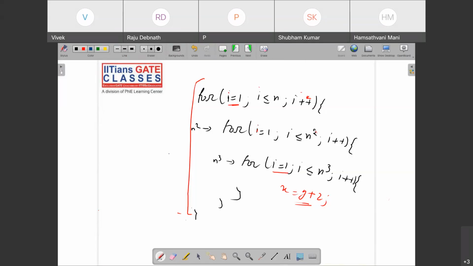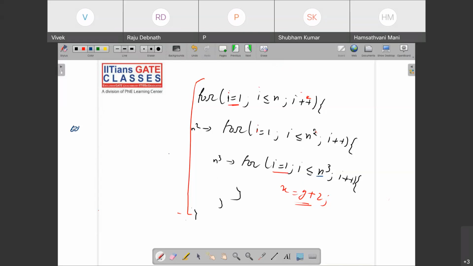So it's applied when the iterating variable, for example this i, is multiplied in each iteration.